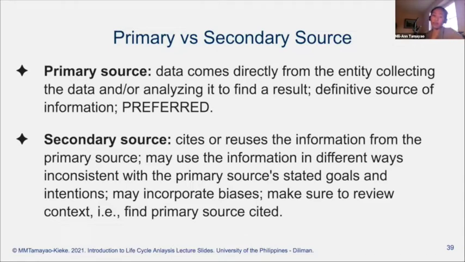And they may incorporate biases. So pwedeng portion lang nung dataset yung kinuha so that it can support the conclusions, for example, of the author. So you have to make sure that you review the context as well as the method by which the secondary data was obtained and was analyzed when you encounter them. Okay?